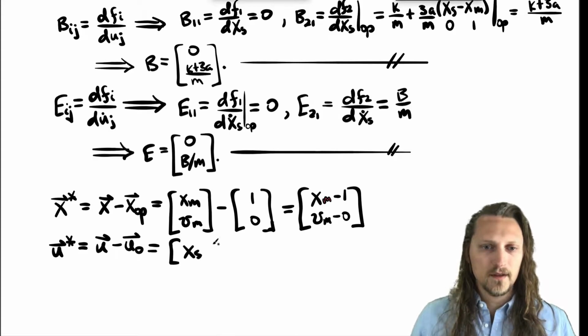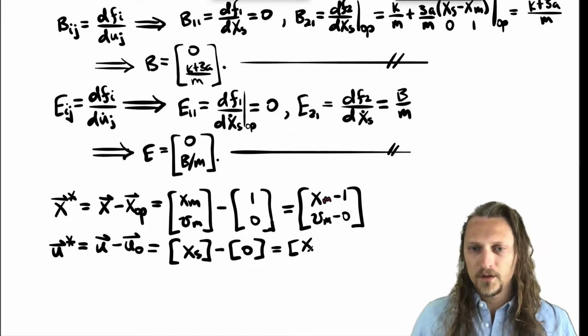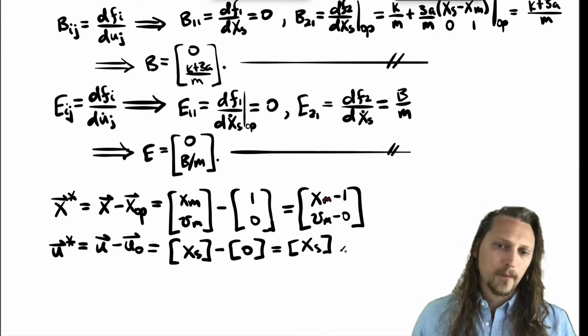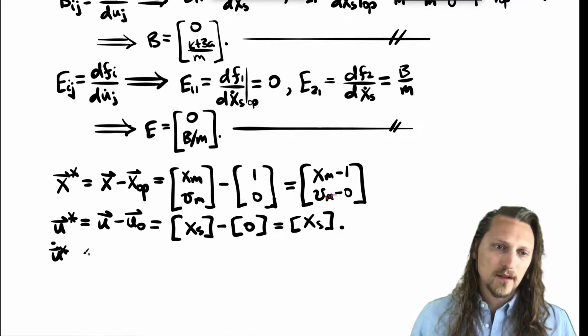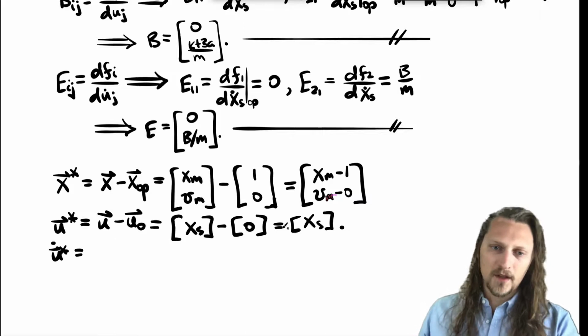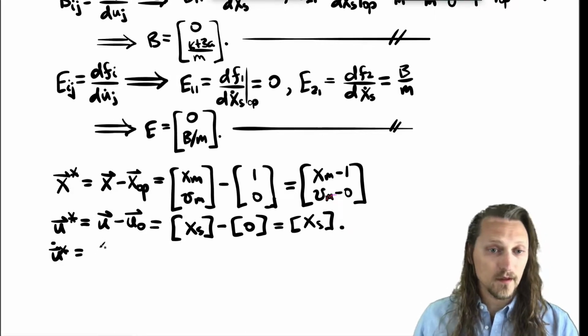So xs minus 0, which is actually just equal to our xs. Okay, and our u star dot, we could just take the time derivative of this directly. We could do this whole subtraction thing, but essentially we could just take the time derivative of u star, which would give us xs dot.